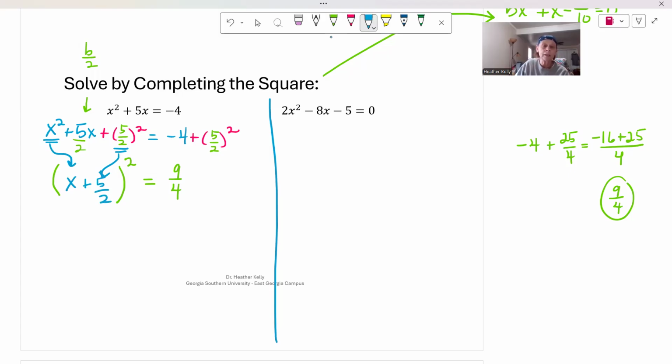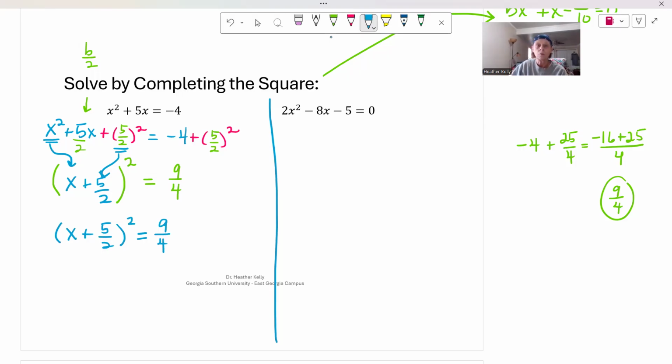So our completed square form is this: x plus 5/2 squared is equal to 9/4. Now notice everything on the left-hand side of the equation is all squared. It's in one parenthesis squared. Even though it's not pretty, it's still just one thing that's squared, right?